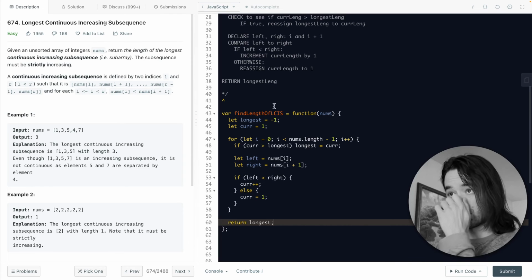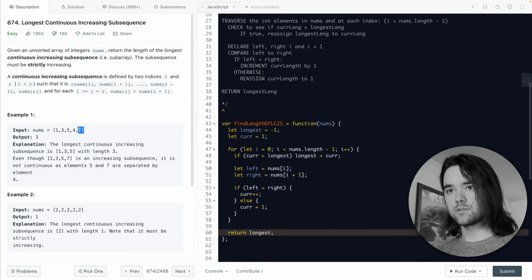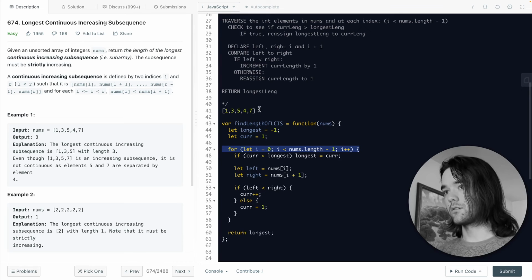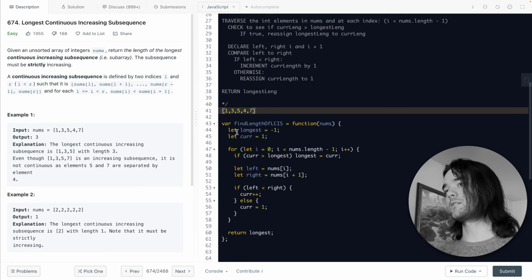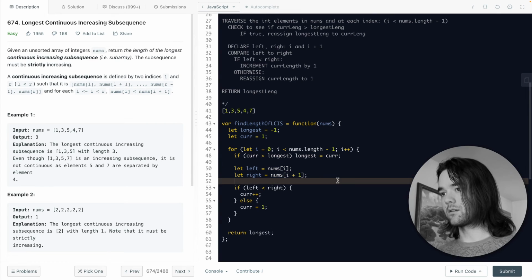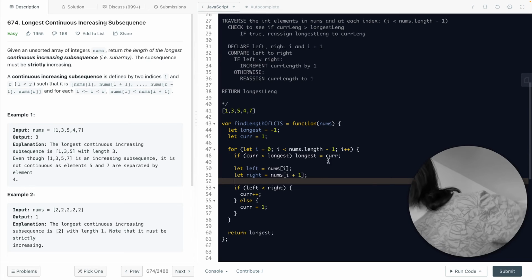So let's do another manual session here. If you look at this test case, we're traversing nums, left and right. So then longest is reassigned to 1 here. And then we're declaring some variables and initializing them to some values.